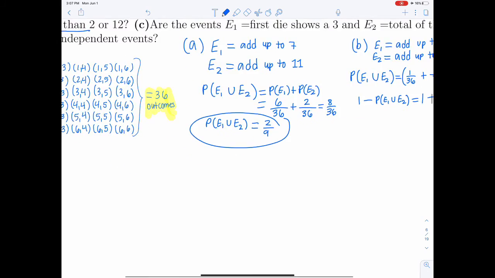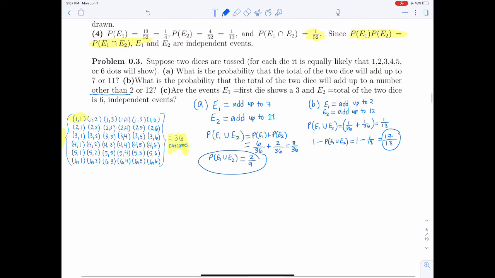So the last part of this question is, are the events E sub 1, first die shows a 3, and E sub 2, total of the 2 dice is 6, independent events? If you recall from above, independent events would mean if one of them happened, it does not affect the outcome of the other.